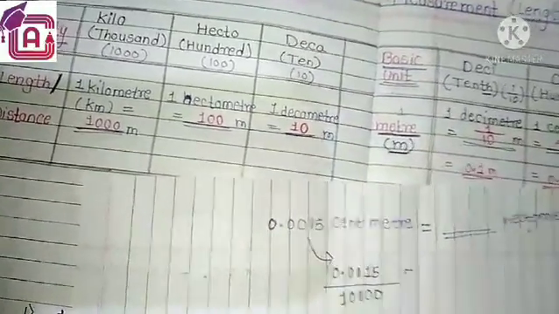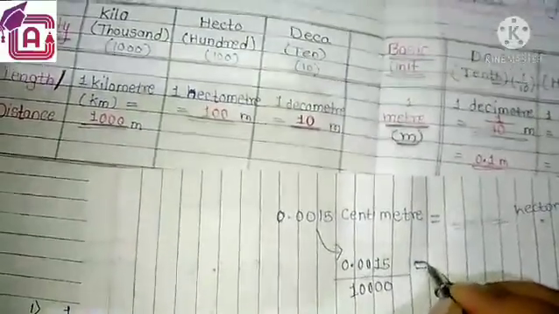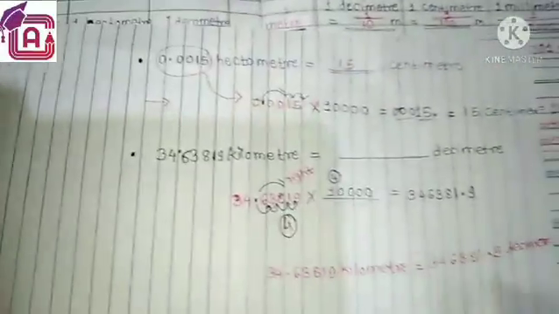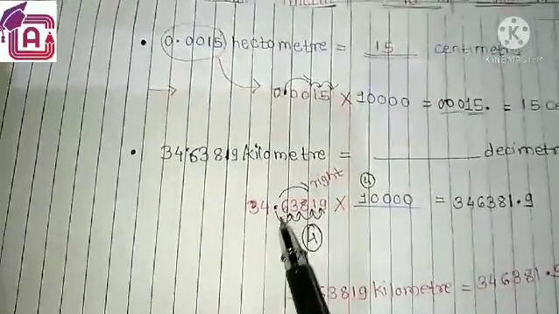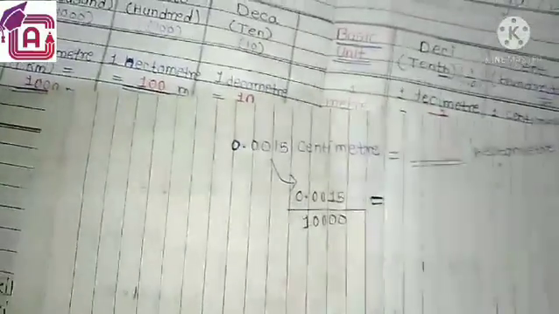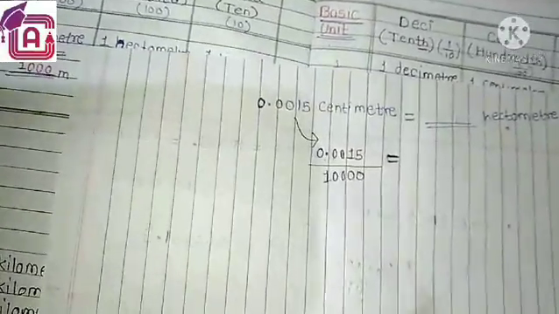So what do we have to do? When you are going from left to right, you perform multiplication and shift the decimal point towards the right. And now you have to shift this decimal point towards the left-hand side. How many places? 4 places.